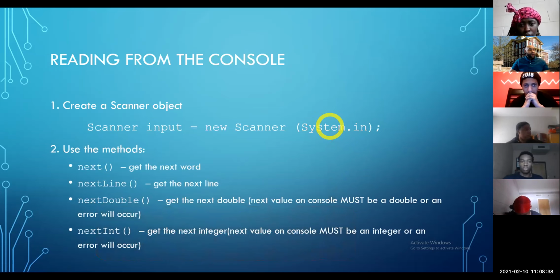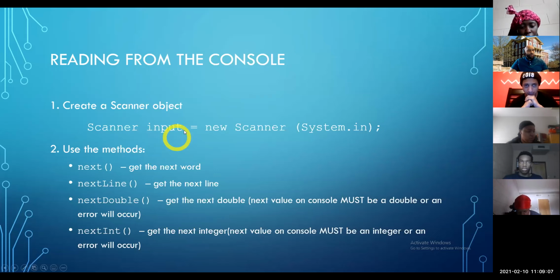Once we create our object, there's a couple of methods you can use. I'm going to go through each one of these in more detail, but just so you know, the next method gets the next word from the console, one word at a time. The nextLine method gets the whole line. It reads the whole line instead of just one word at a time. nextDouble: a double is a number with a decimal point.